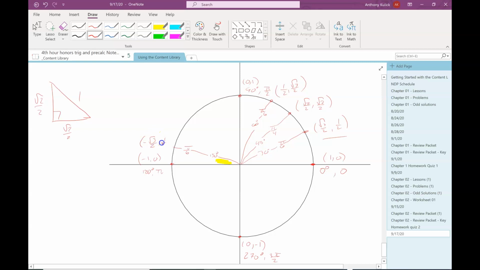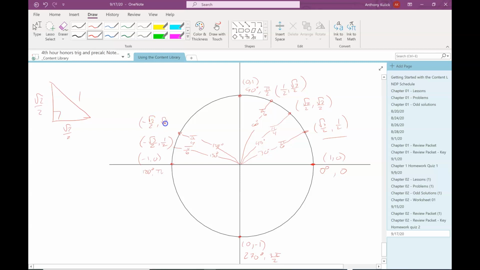And then we can get our 135 degree angle, equivalent to a 45 if we're looking with respect to the x-axis. The same thing is going to be true. It's going to be the same as the 45 degree angle over here, but the x-coordinate's going to be negative.